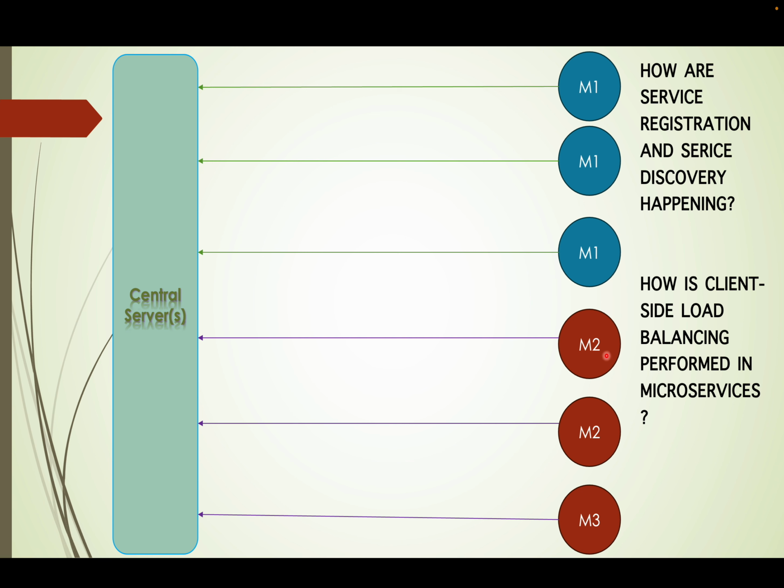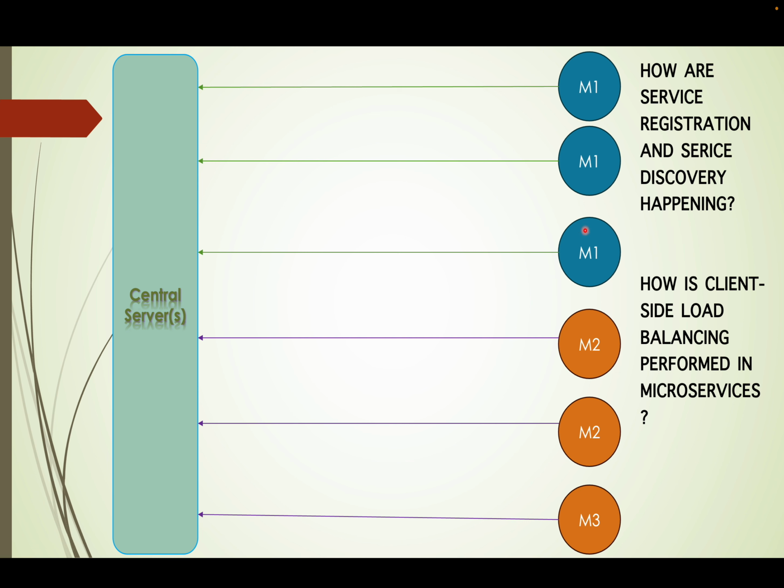Suppose similarly I have microservice M2 running in 2 instances and M3 running in 3 instances. What will happen? These microservice instances will send their IP information to the servers, and the servers will now have all the information about the microservices running in this microservices network. Why?